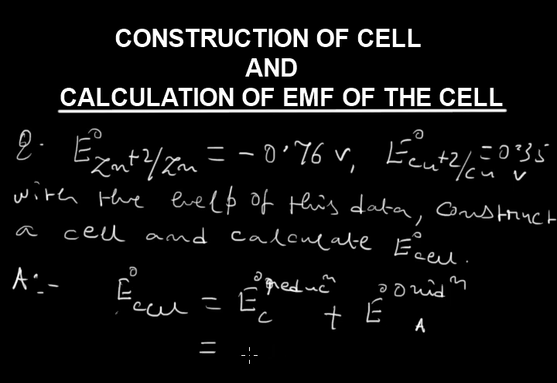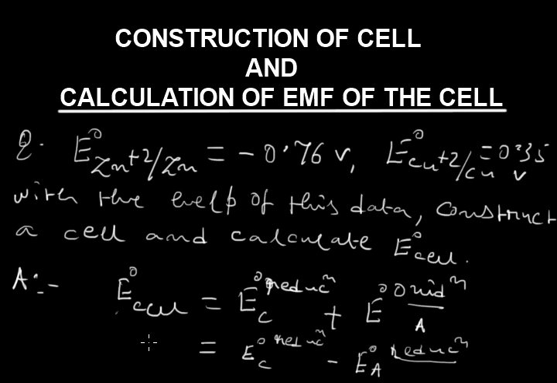So in case of E0 cell, we write E0 cathode reduction minus E0 anode reduction. This is very important. Why do we write minus in place of plus? Because the oxidation potential is replaced by reduction potential, because in modern IUPAC system all the values are given in form of reduction.